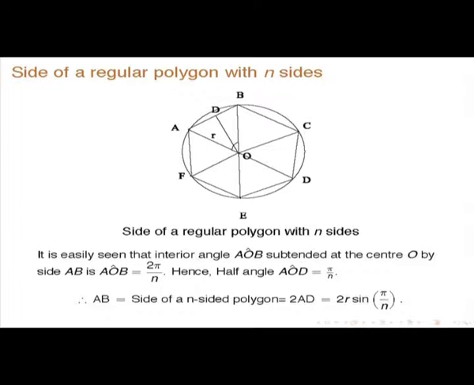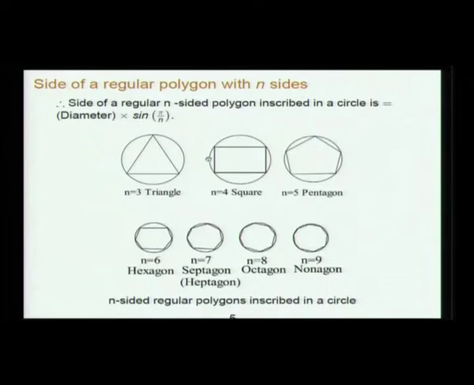So, the side of the polygon is twice AD, and AD itself is r into sin pi by n. So, AB is 2r into sin pi by n. So, the side of a regular n-sided polygon inscribed in a circle is diameter into sin pi by n.